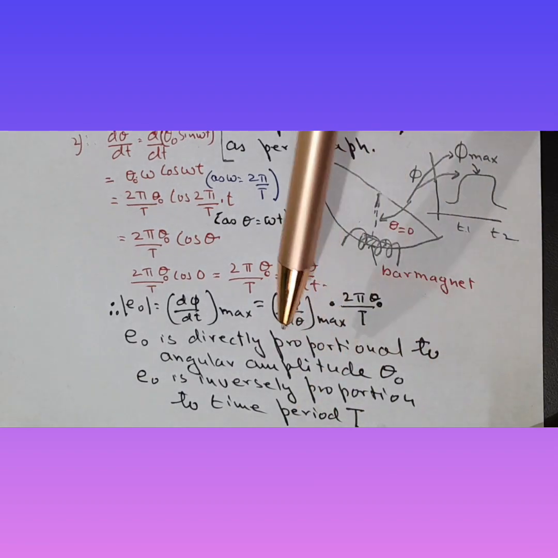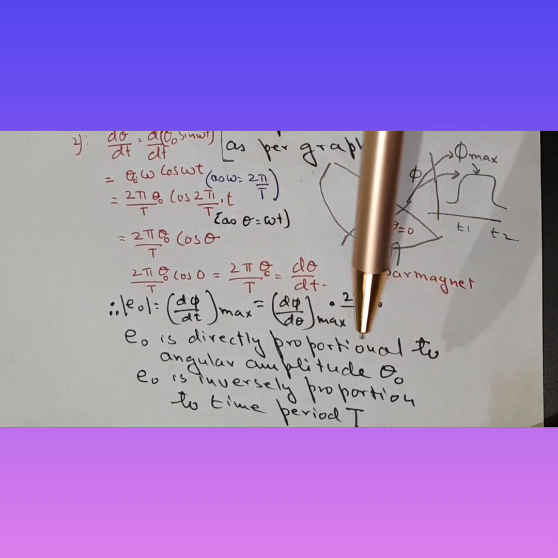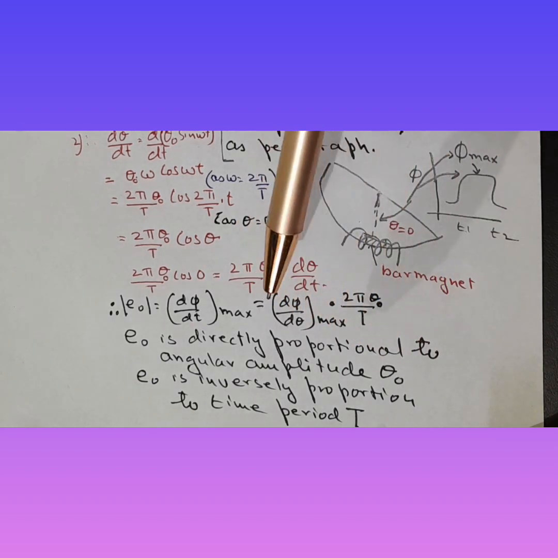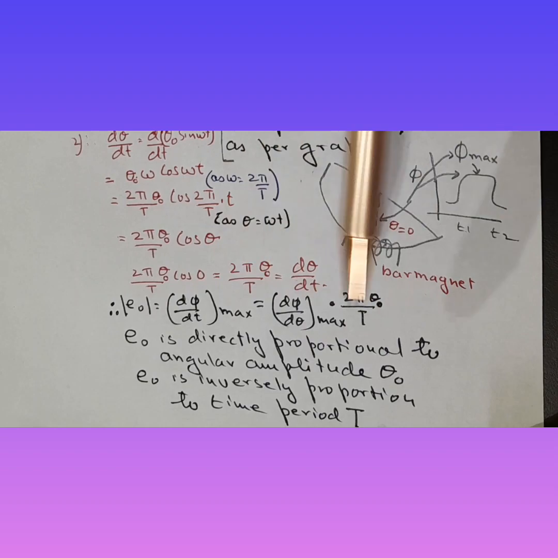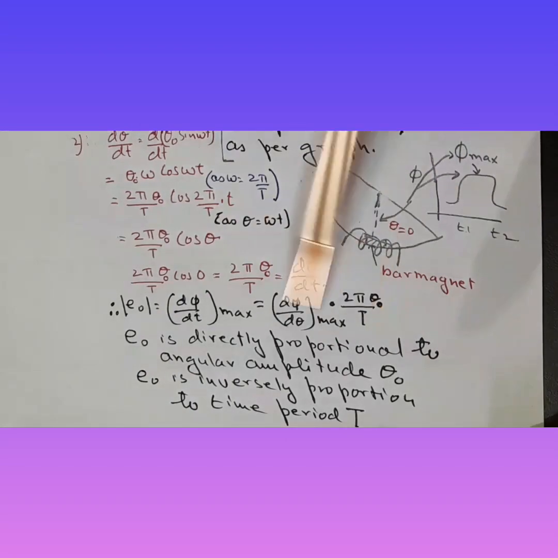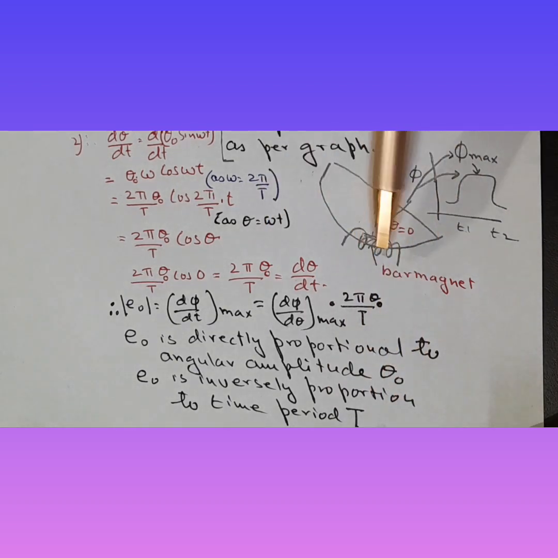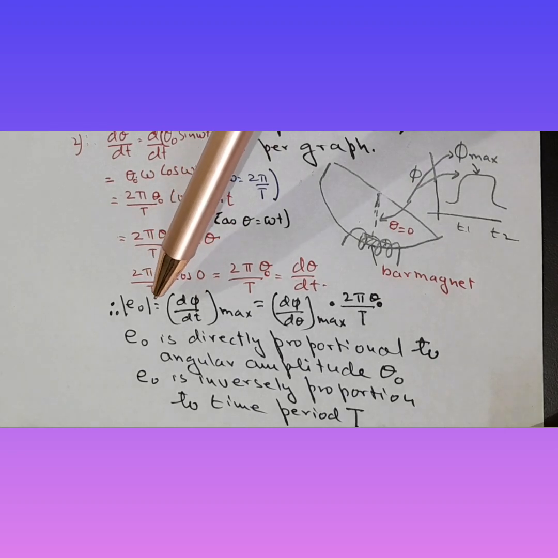Time period is the time required for one complete oscillation. Now this is the first case of oscillation and this is the second case of oscillation. Where do you feel the time period is less? Of course in the second case the time period was less. So lesser the time period, that itself means when it is moving fast, the EMF would be maximum.